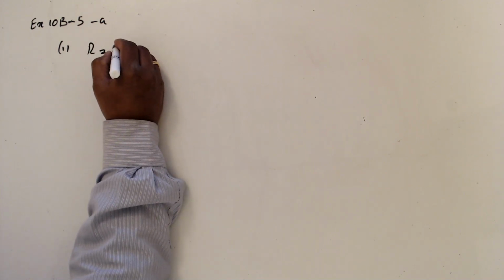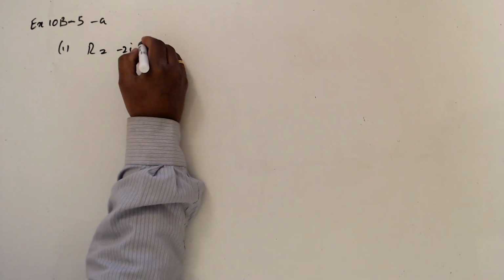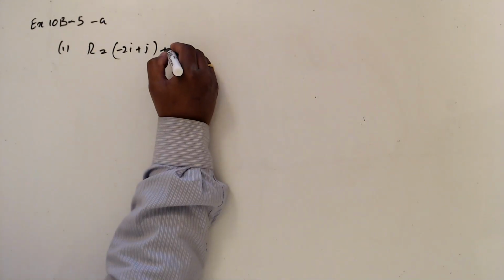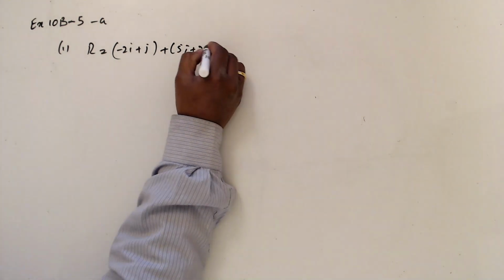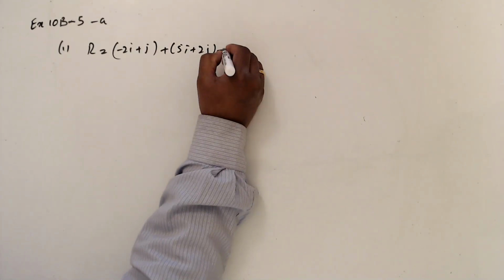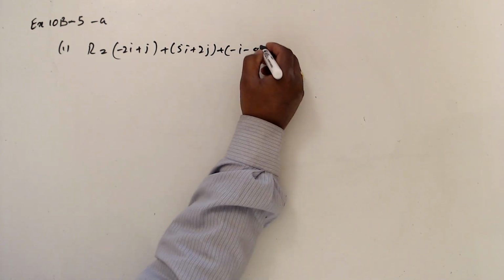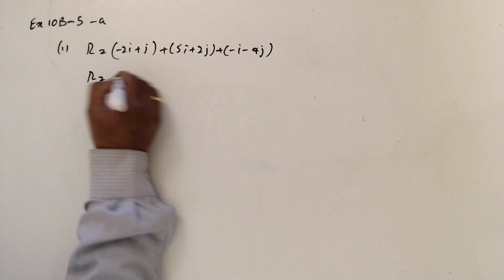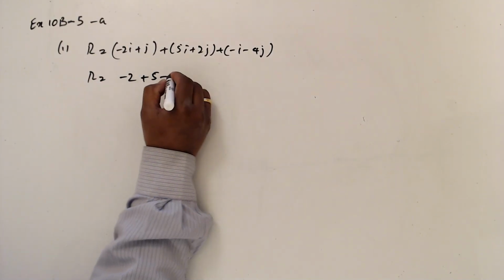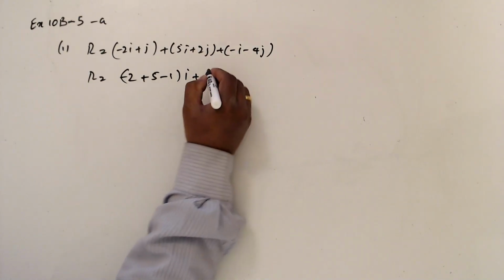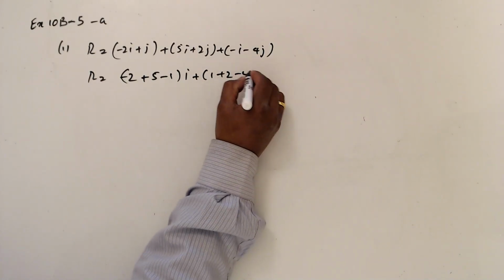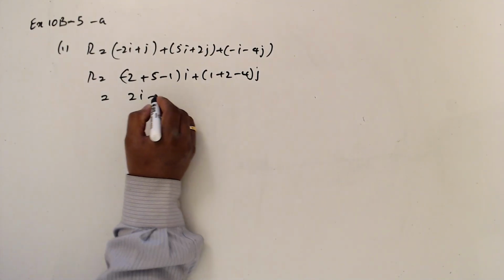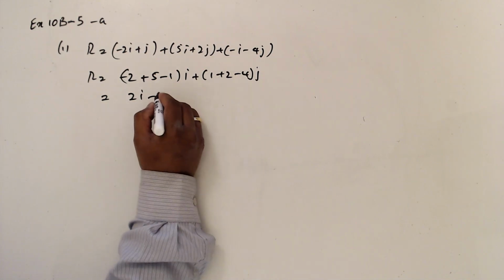R is minus 2i plus j plus 5i plus 2j plus minus i minus 4j, and minus 2 plus 5 minus 1 i plus 1 plus 2 minus 4 j. So this is going to be 2i minus j.